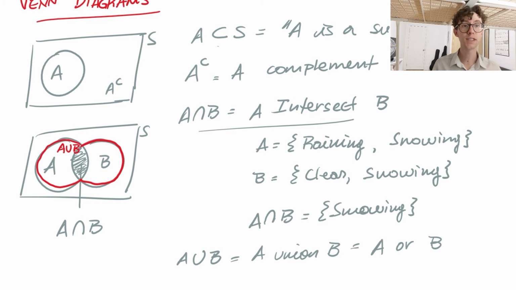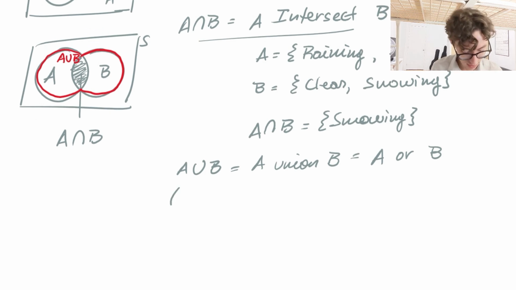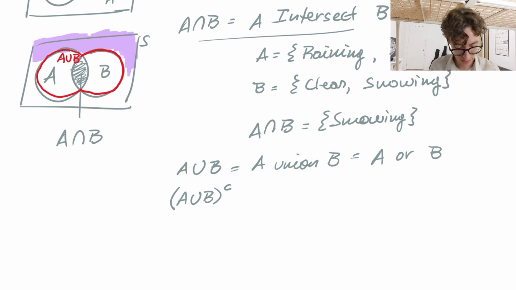Now that we know these notations, I can write a couple more. I know what is A complement, and I know what is B complement: anything that is not on A, anything that is not on B. What if I have A union B complement? That's anything that is not on A or B. It's neither on A, nor on B. So our A union B complement will be anything here in the purple space that I'm coloring now.